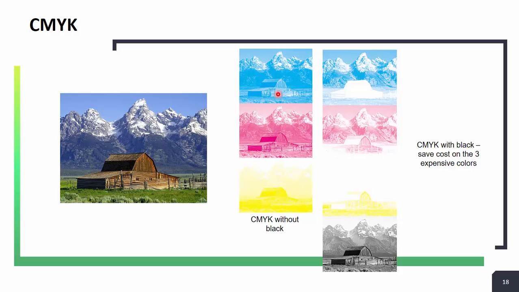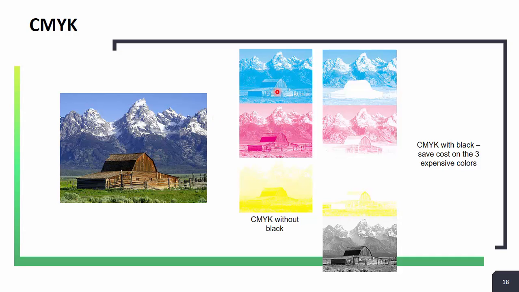So to save color toner, we can replace some of the color toner with black. For example, this bun in the middle of the picture, because the bun is a little darker than the surroundings, it has more black component.